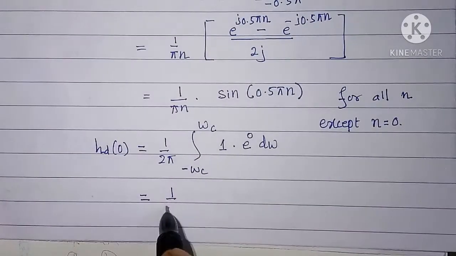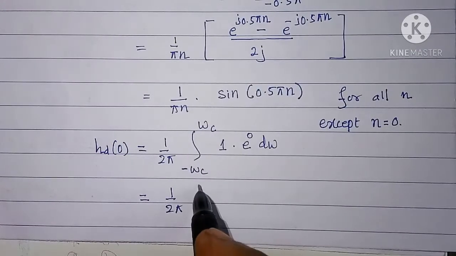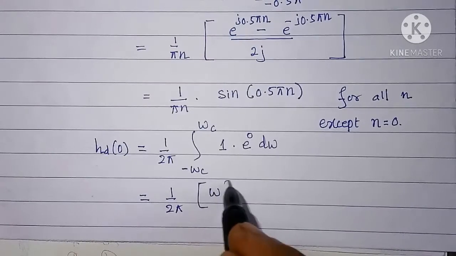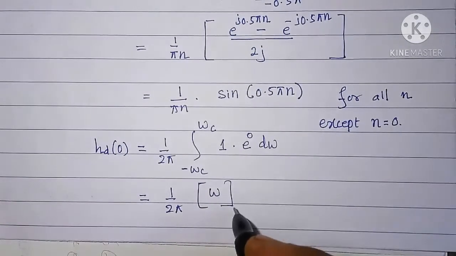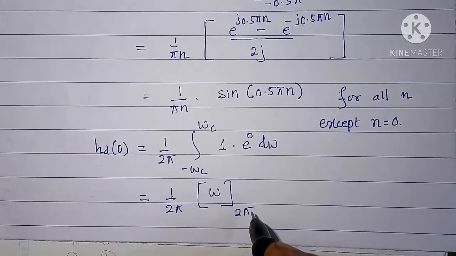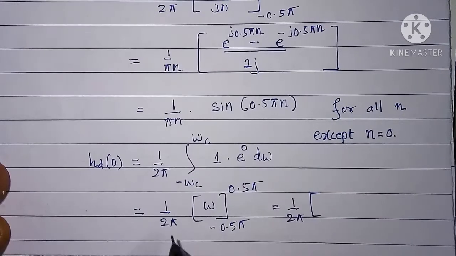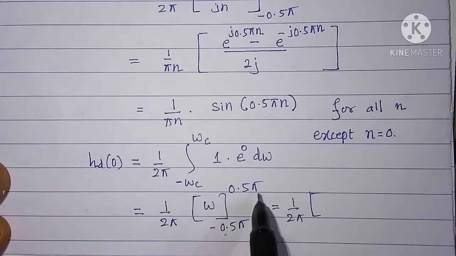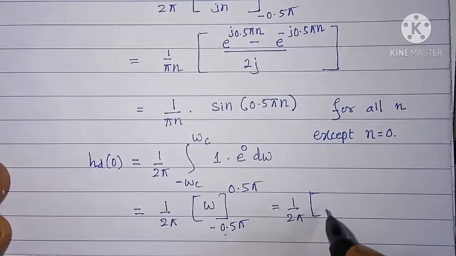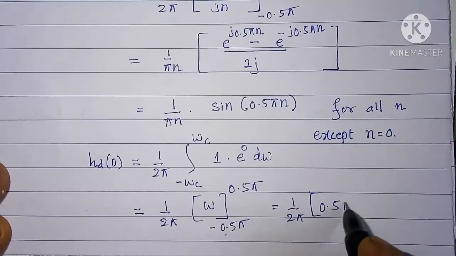That becomes 1 by 2 pi into omega with limits of integration, and taking lower limit as minus 0.5 pi because minus omega c is equal to minus 0.5 pi and upper limit omega c equal to 0.5 pi, we get 1 by 2 pi equal to 0.5 pi.